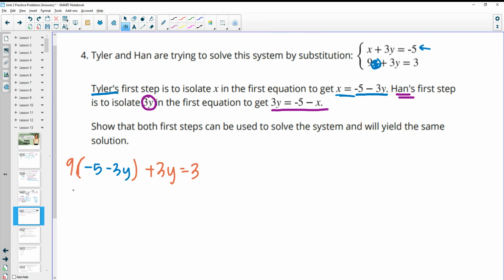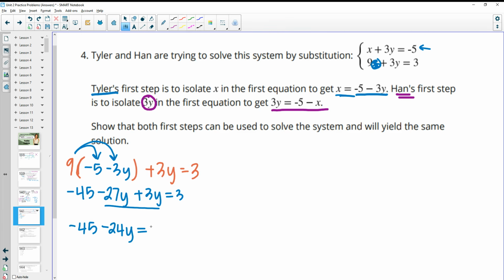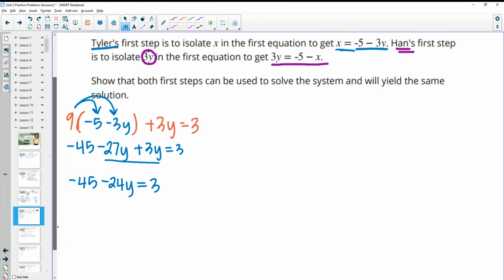Then we'll multiply this out. We get negative 45 when we do 9 times negative 5. And then 9 times negative 3y is negative 27y. And we still have plus 3y equals 3. Then we'll combine these like terms: negative 27y and positive 3y is negative 24y, and then equals 3.